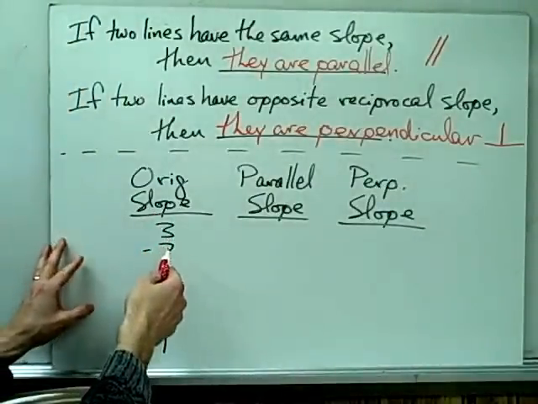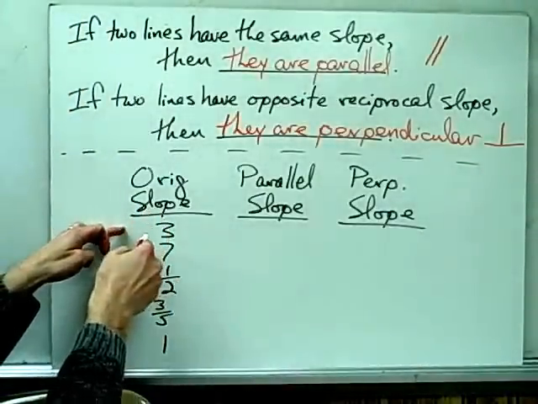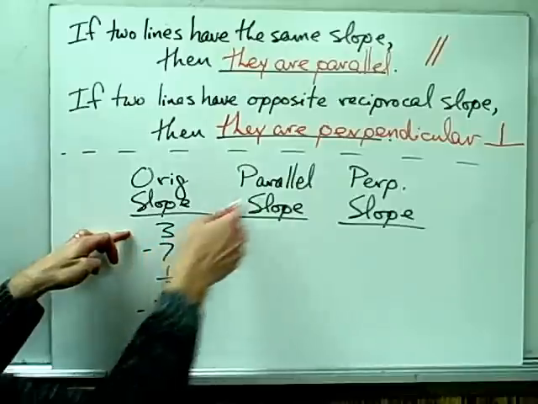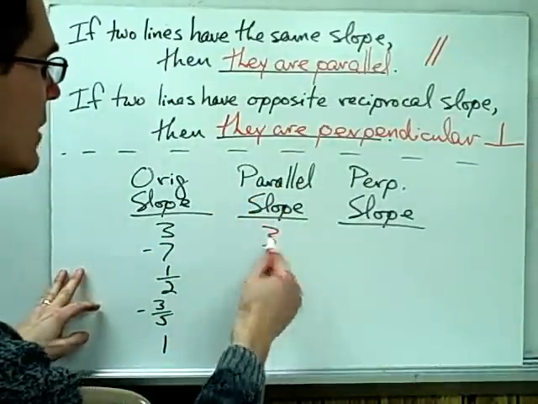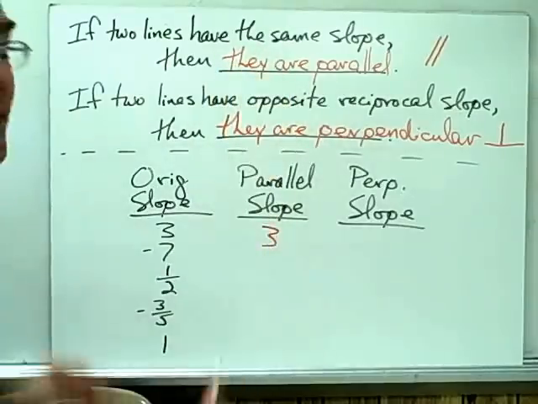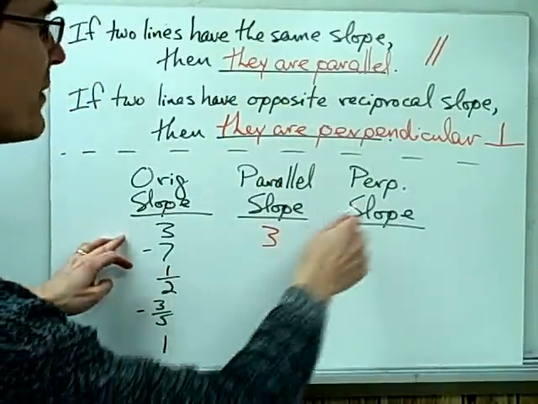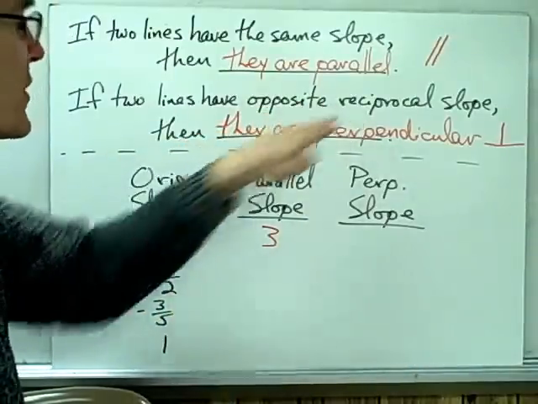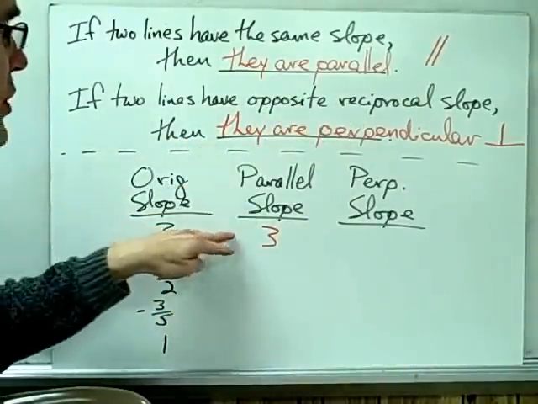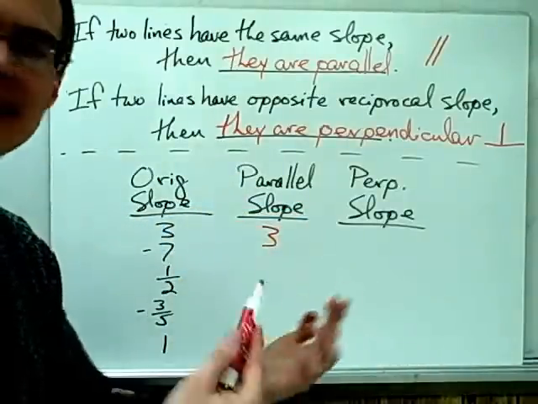So if, for example, we have a line and the slope of that line is 3, then the slope of any line parallel to that is also going to be 3, because parallel lines have the same slope. The slope of a line that's perpendicular to our original line is going to have the opposite reciprocal, which means we take the number 3 and we flip it and take the negative of it.